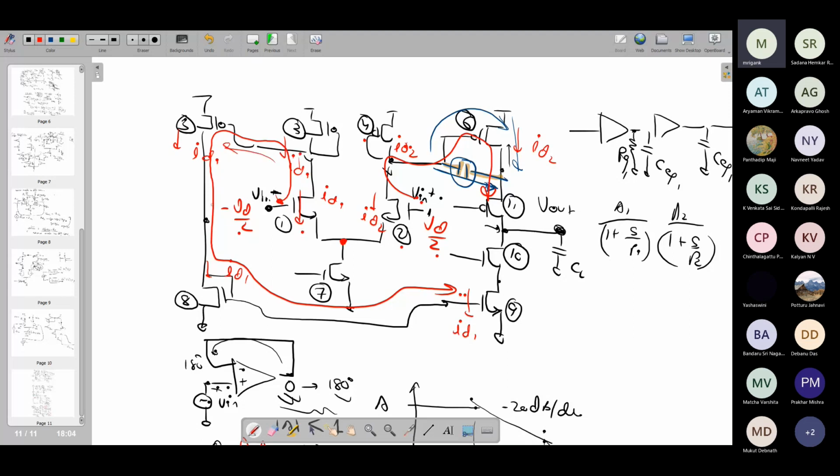Then there is a second common source stage composed of M3 and M8, and then the third, the cascode amplifier, whose input is gm9, which is different from gm6. So overall the magnitudes may be similar, but the number of poles, etc., in these cases are different.